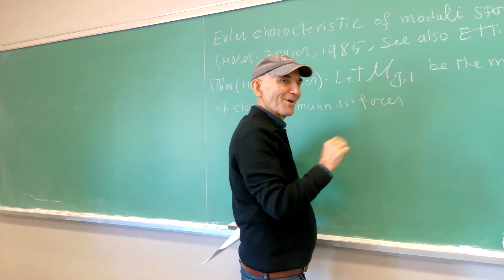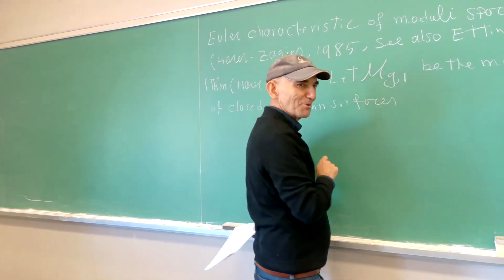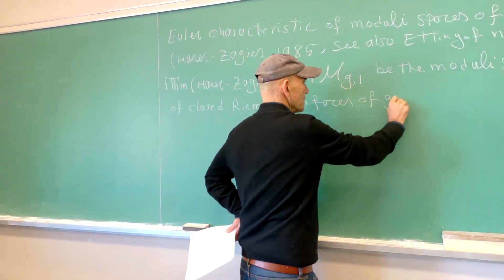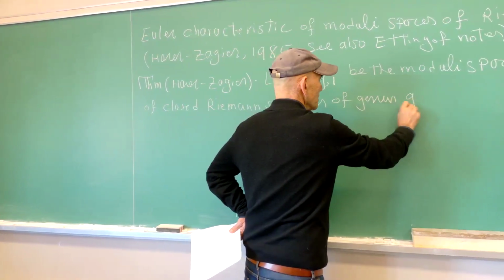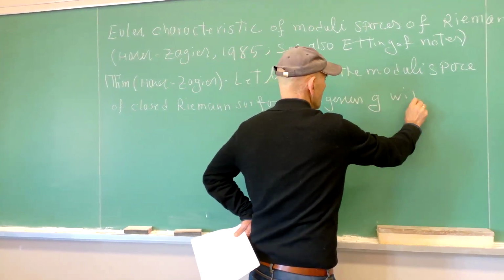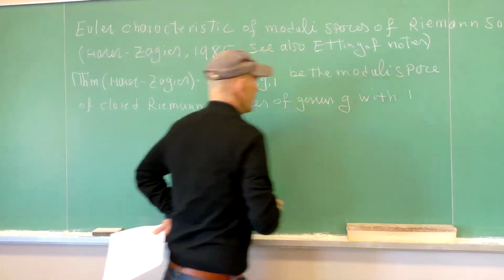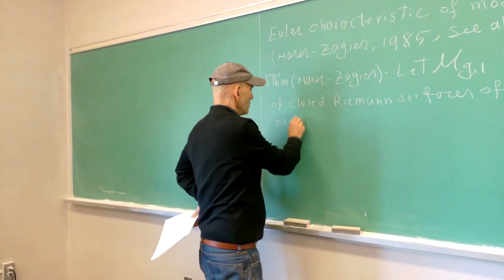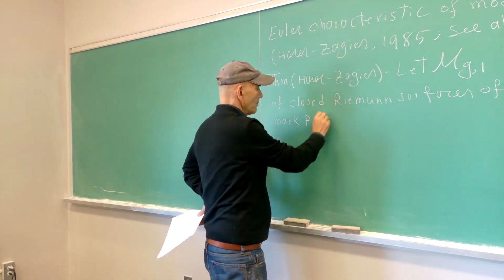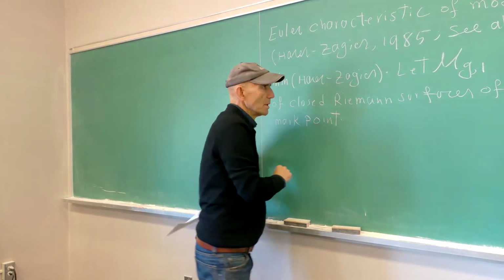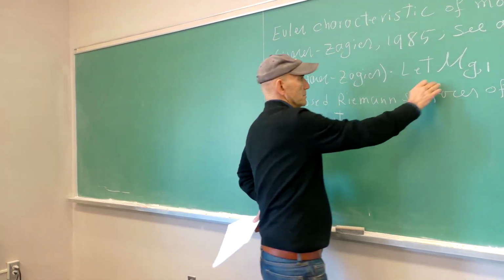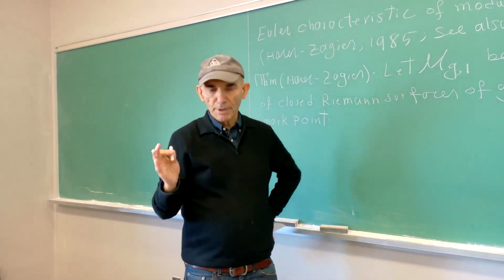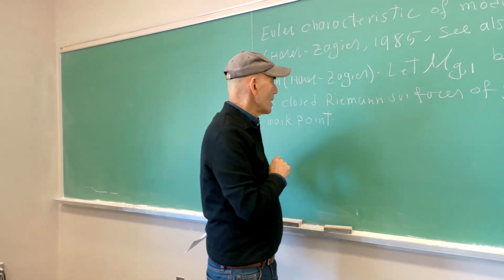What is a moduli space? I will come to that. Exactly, that's the point. Riemann surfaces of genus g with one marked point. So you can think of it for now just as a topological space, a thin space.